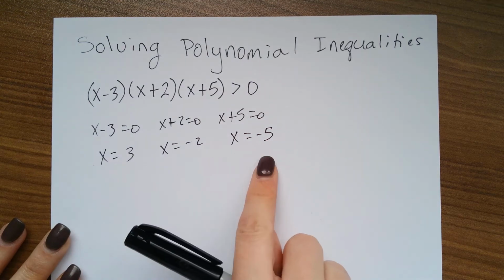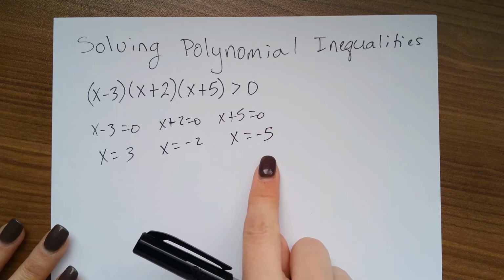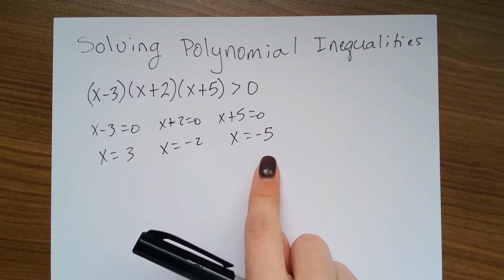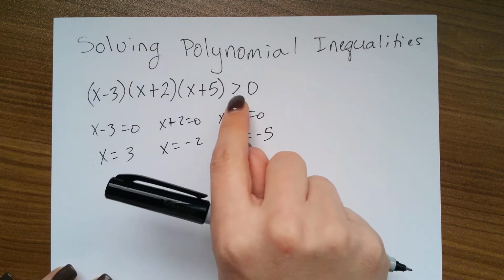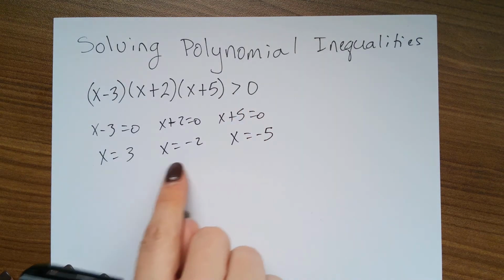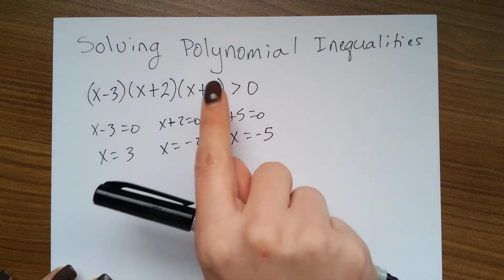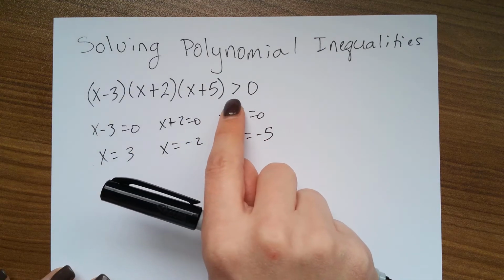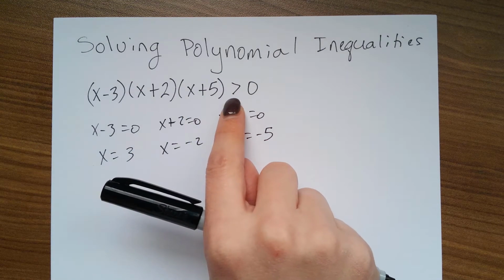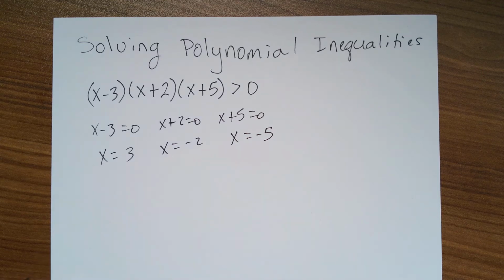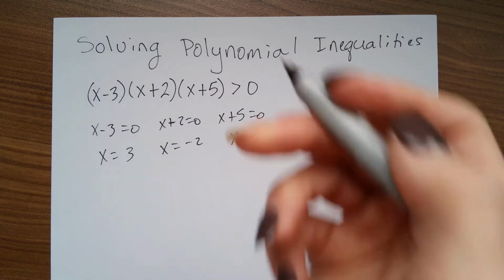These values are ones that actually make your inequality equal to 0. So if your inequality has the equal to bar, these values will be included. Since this inequality does not include the equal to bar, then these values will not be included in my final answer. So wherever I have these numbers, I will have parentheses to indicate they are not included.